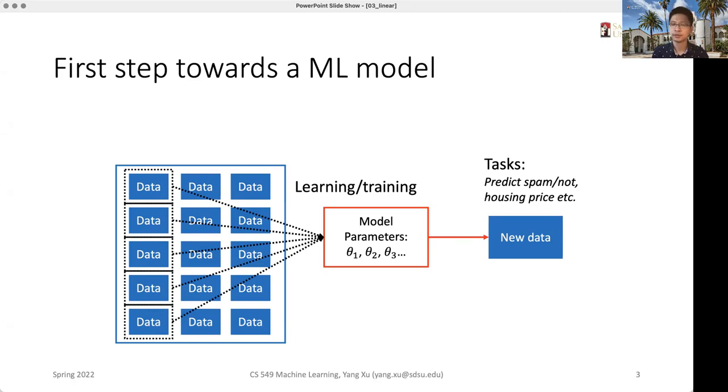This is the mental model that we introduced in the first lecture. Whenever we talk about a machine learning model, we can use a set of parameters represented by a series of Greek letters. In this case, we use theta. We usually have more than one parameter, like theta 1, theta 2, theta n. That is the typical way that we notate the parameters.